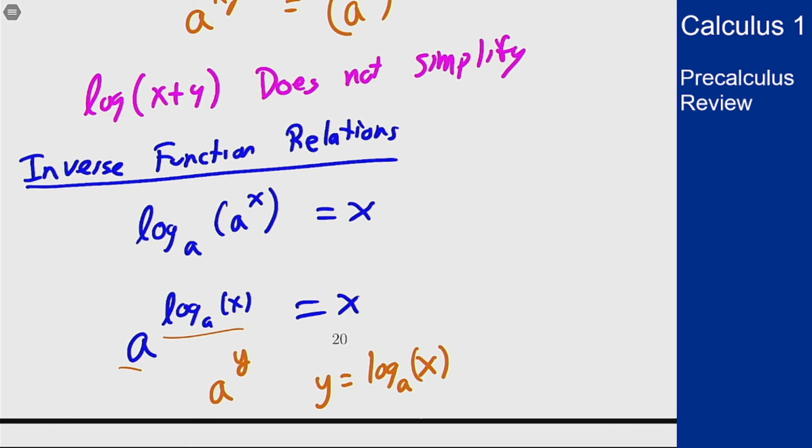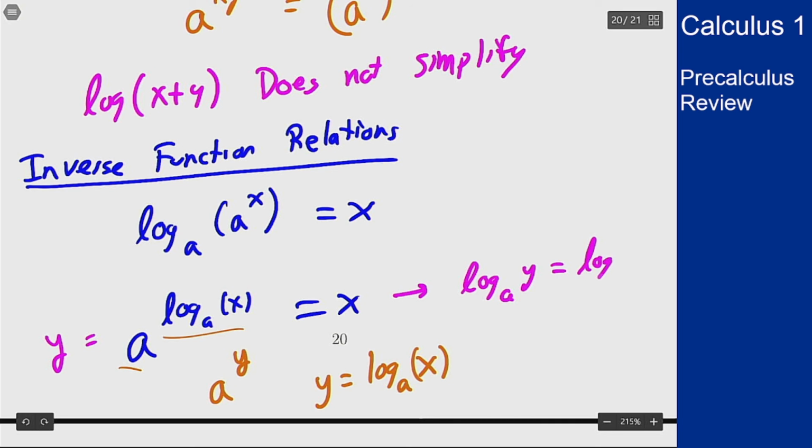Another approach is to think about this in terms of undoing the logarithm again. What does this expression mean? This means that a to what power equals x, if I put, say, I don't know what this is, so I'll call it y. This tells me that log base a of y must equal log base a of x, which means that y equals x, and so this expression actually evaluates to x.